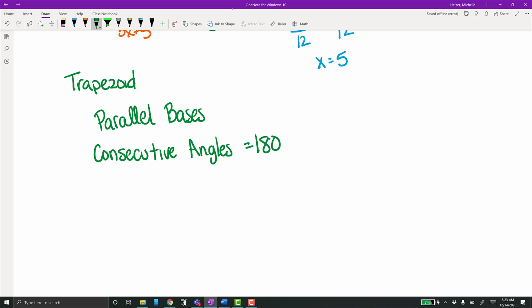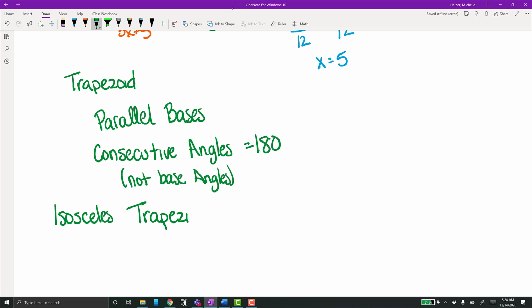But remember, consecutive angles is not the same as base angles. So just keep that in mind. Consecutive angles are supplementary, but the base angles are not supplementary. An isosceles trapezoid has congruent base angles.